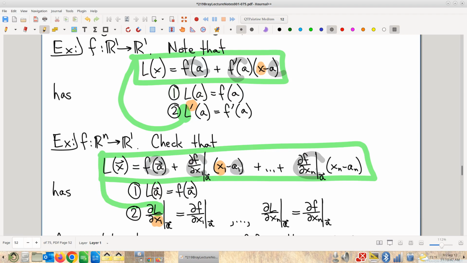That derivative is a constant. This a is a constant. This value of x is a constant. Practically everything in sight is a constant, right? And so as you compute the partial of L with respect to x1, most of it disappears instantly in a puff of smoke, and it's not hard to confirm that the answer is, in fact, just that constant. Everybody see how that works?